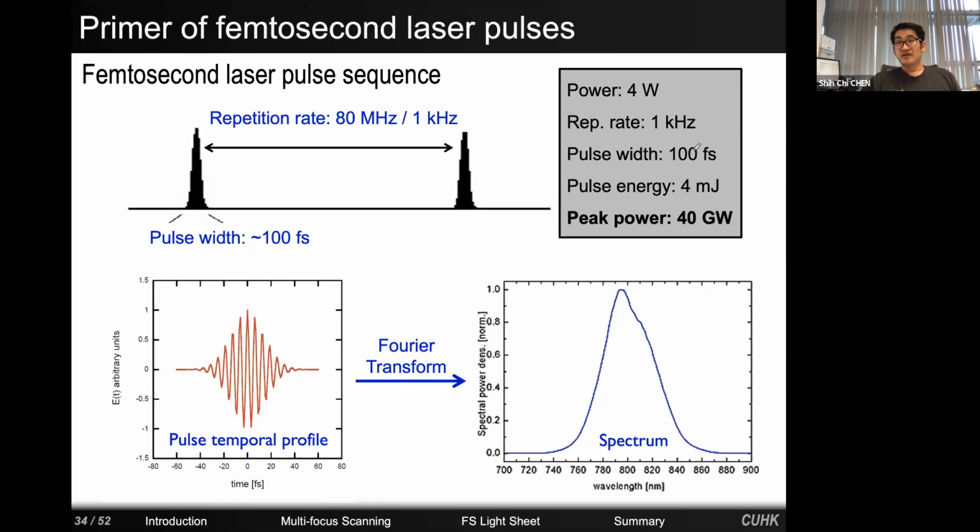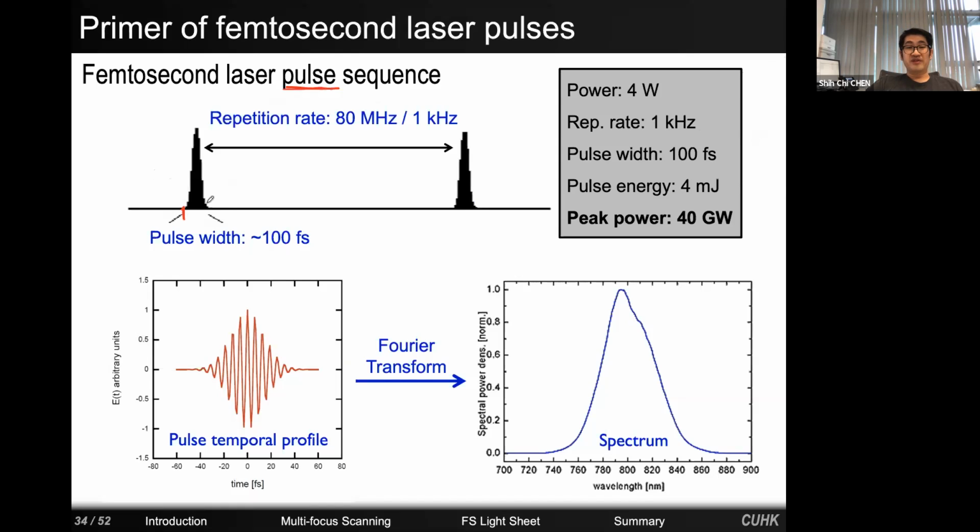Okay, so before I show you the method, I would again give you a quick review on femtosecond lasers. We already mentioned that two-photon polymerization requires the use of a femtosecond laser. And a femtosecond laser is a kind of pulse laser. So the intensity is not steady, it's a pulse.